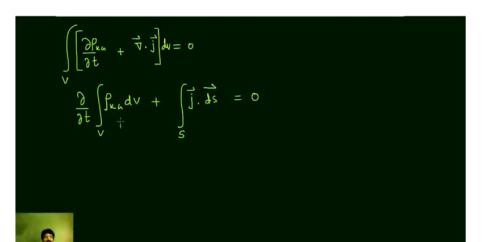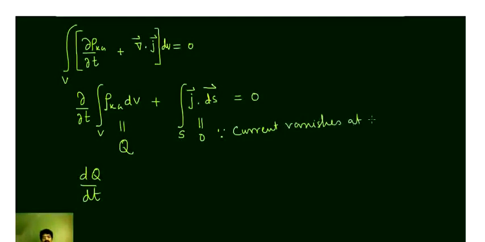Now if you define this quantity as Q, the total charge, then it will be dQ dt, and this is equal to 0 since current vanishes at infinity. So this will imply that dQ dt is equal to 0. This is an immediate consequence of the charge conservation equation.